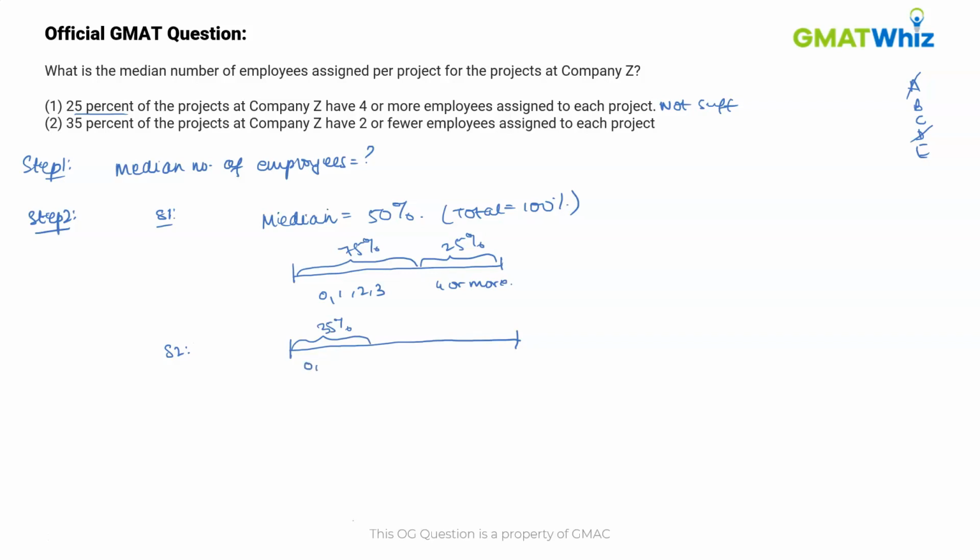That means they will have 0, 1 or 2 employees, and the remaining 65% will have 3 or more employees. Now, again, since it is not possible for us to find out the number of employees at the 50% mark, we conclude that statement 2 is also not sufficient.